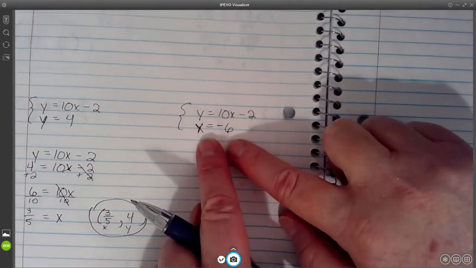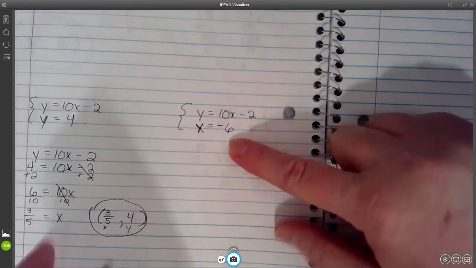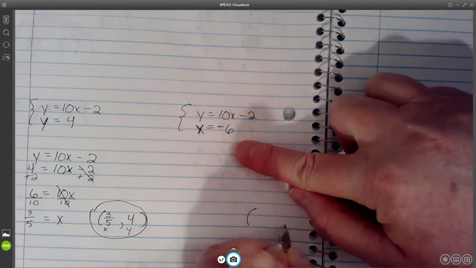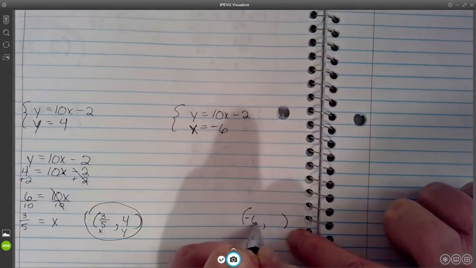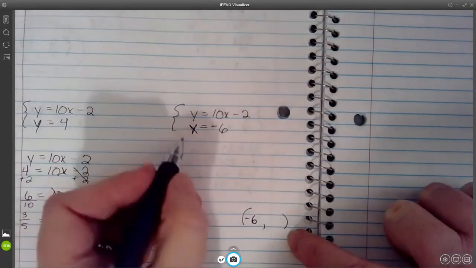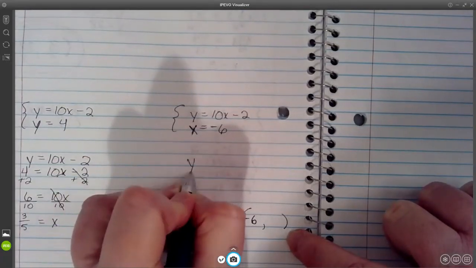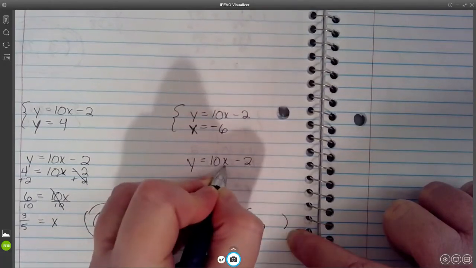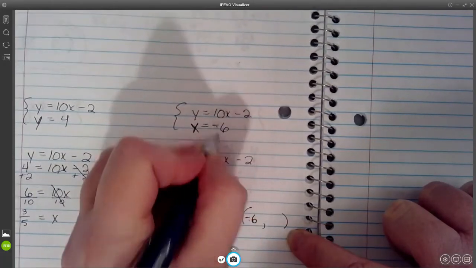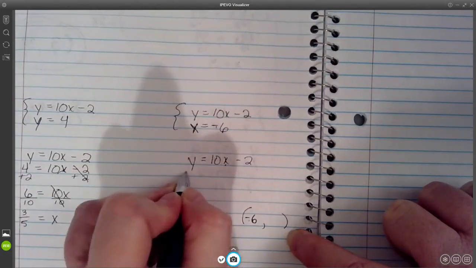Another kind is when we told you what x equals. So I have an ordered pair spot here for my answer, and I already know x is negative 6. So I'm going to take my top problem again, and this time I'm going to replace the x with negative 6. Negative 6 in the place of x.